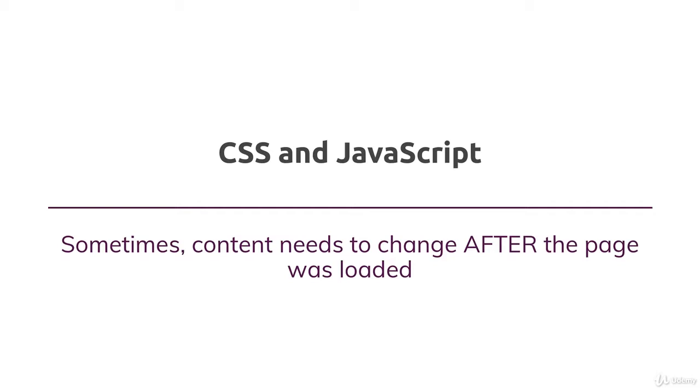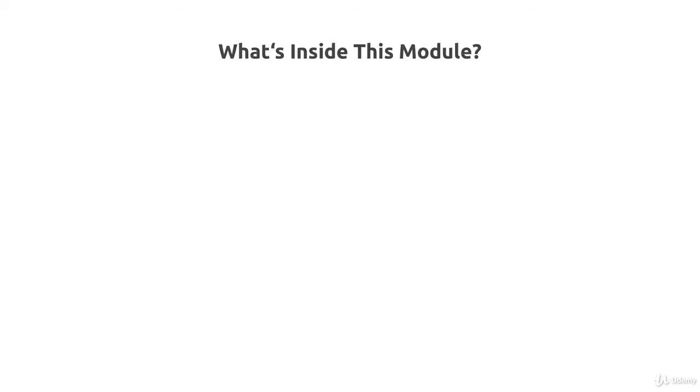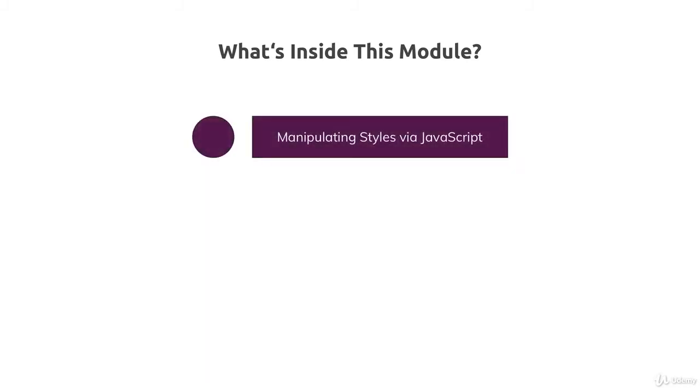In our project too, you will see that we got two cases, two features we can add to our project by taking advantage of JavaScript's capabilities. So in this module, we'll learn how we may manipulate styles with JavaScript, so how we can change the styling of an element after our page has been loaded.